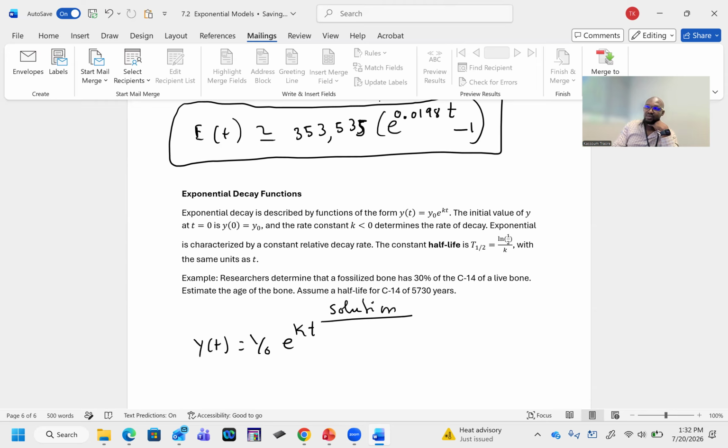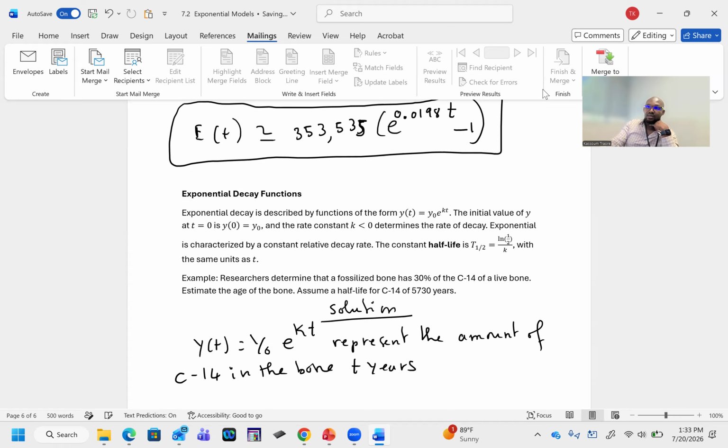This represents the amount of C14 in the bone t years after the animal died, right?